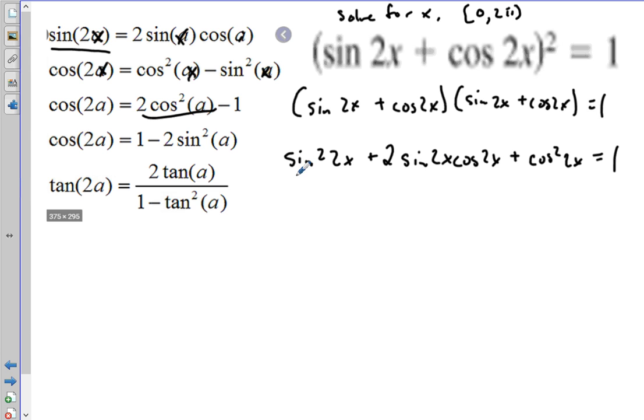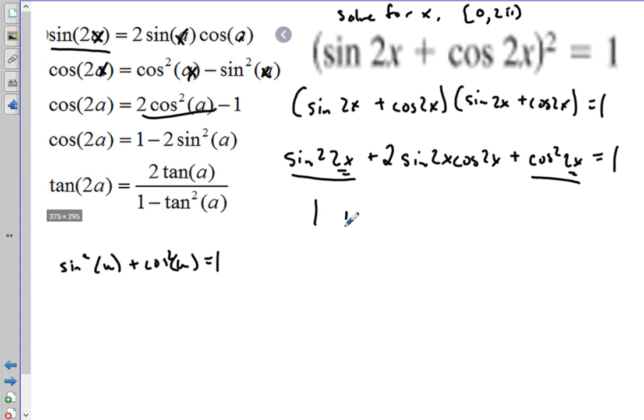Now, if you realize we have sine squared and cosine squared, you should know one of the trig identities is that sine squared of u plus cosine squared of u is going to equal 1. So our u is 2x in this case. Since they're both the same, we know that together this is going to equal 1.